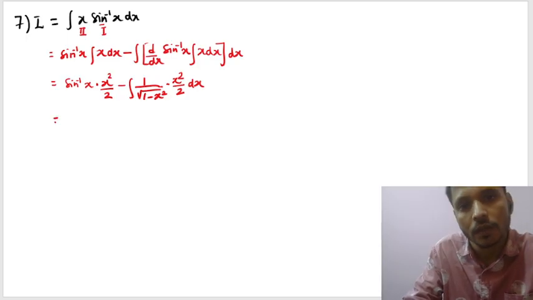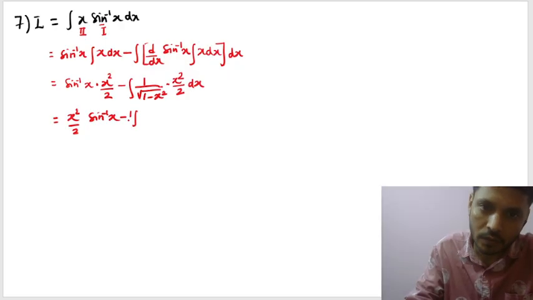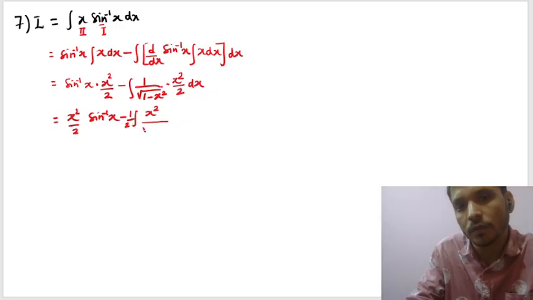So here it is x square by 2 sine inverse x minus, here we can write this 1 by 2 outside and this is x square, and here it is under root of 1 minus x square into dx.